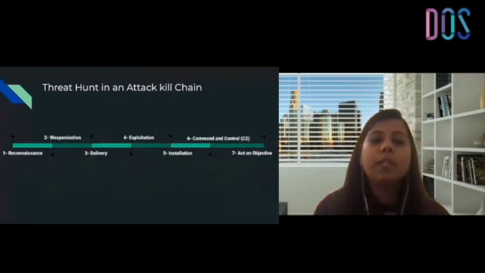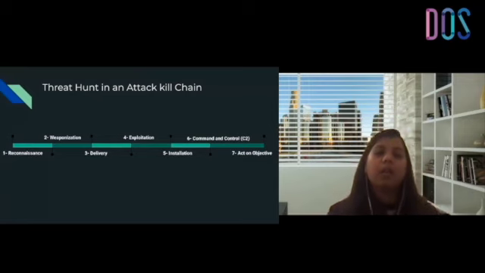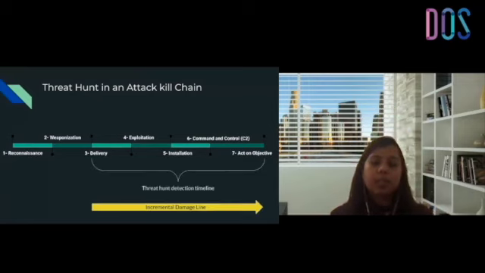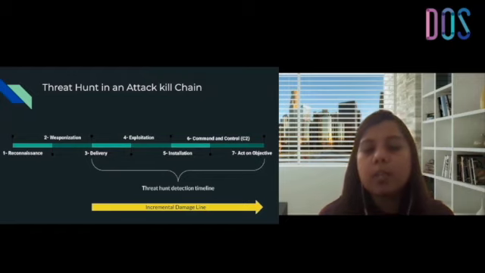So where does threat hunting actually figure into this whole attack kill chain? The threat hunting detection timeline starts at point 3 and goes till 7. As you can see, I've marked that as you progress down the line, the damage keeps on increasing.